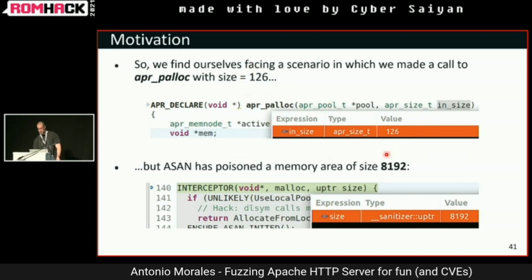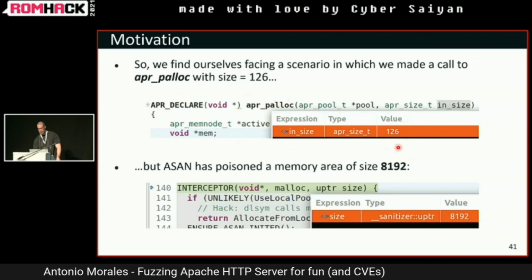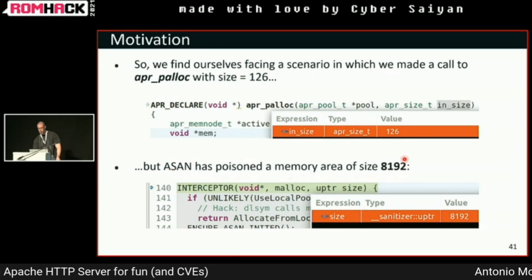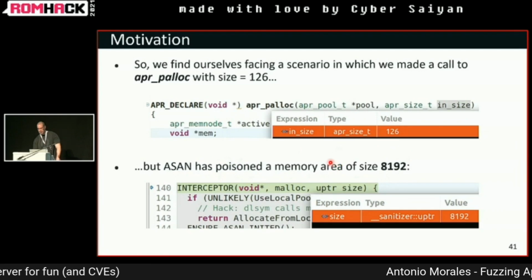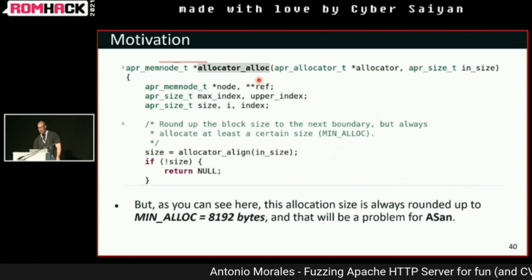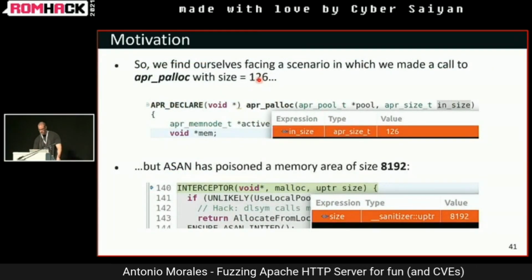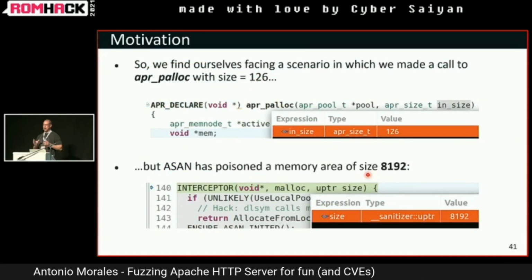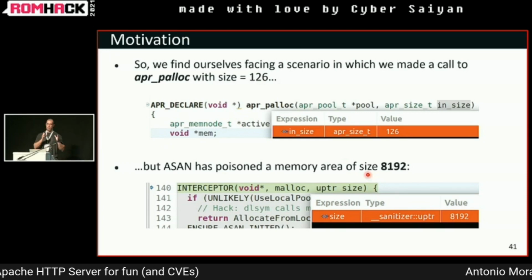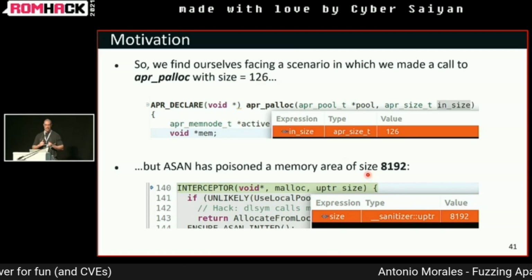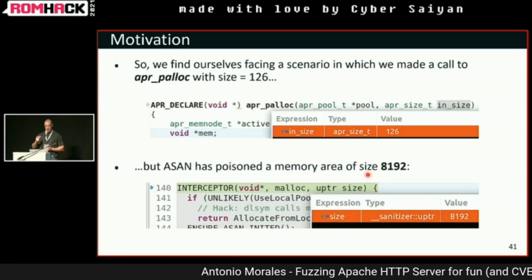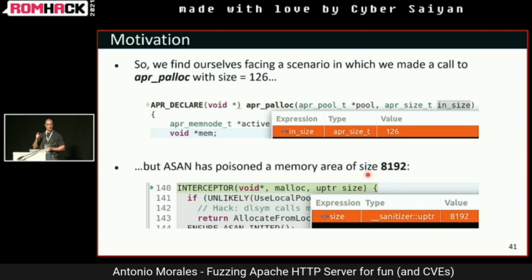Here you can see the output of the debug in the allocator_alloc function. We have made a call to apr_palloc with a size argument of 126 bytes, but AddressSanitizer has poisoned a memory area of 8,192 bytes.